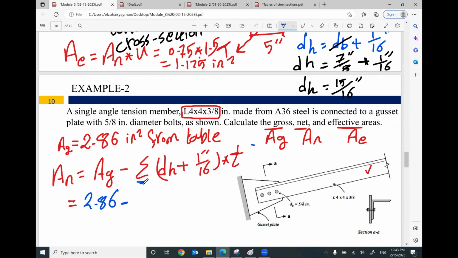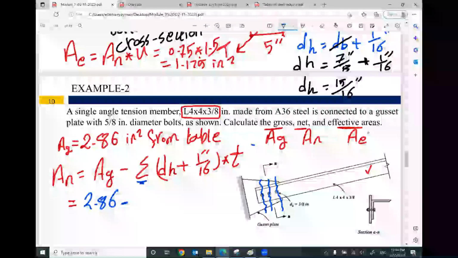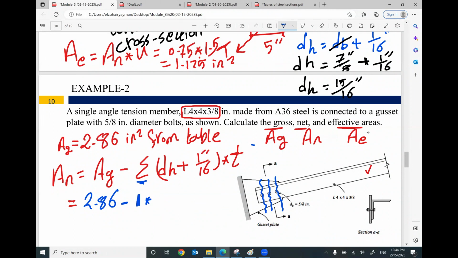Summation means the summation of all holes. Do you think we have 3 holes or 2 or 1? 1 hole, 1. Thank you. Because I will make a cross section here or here or here. Any cross section of these will give you only 1 bolt or 1 hole.